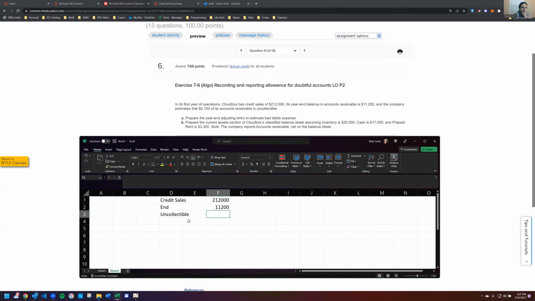Okay, so we'll just drop these numbers in. So credit sales, end of year balance, and of that balance, it estimates 2,100 is uncollectible. Okay. Prepare the year-end adjusting entry to estimate the bad debt expense.